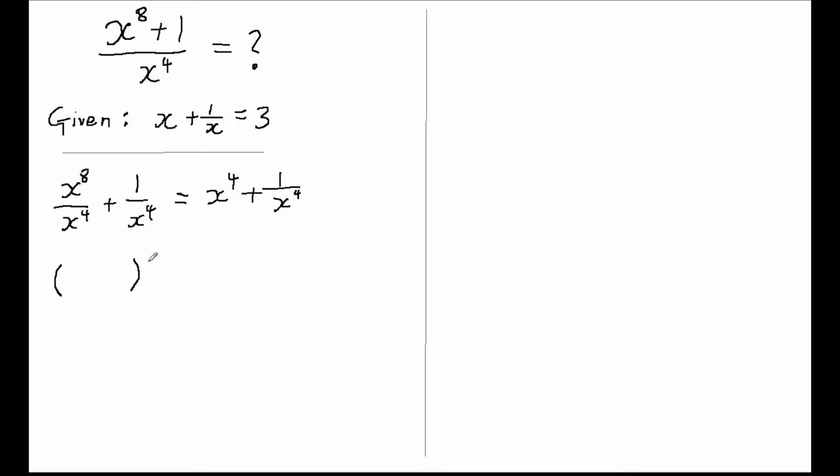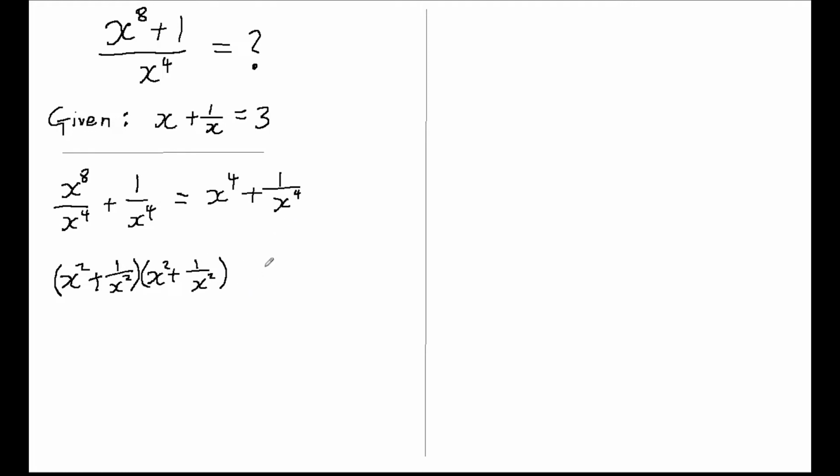So we want to create two terms that when multiplied together give us this. So let's try x squared multiplied by x squared. That's going to give us x to the 4. And over here, let's try 1 over x squared and 1 over x squared, because we know that's going to give us 1 over x to the 4.